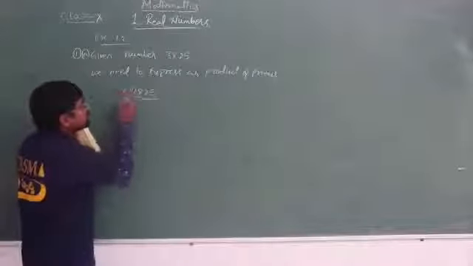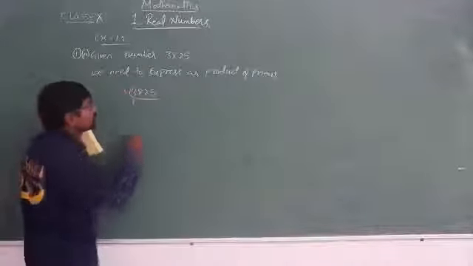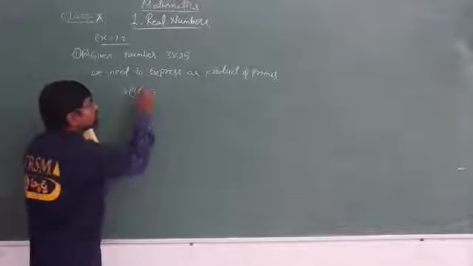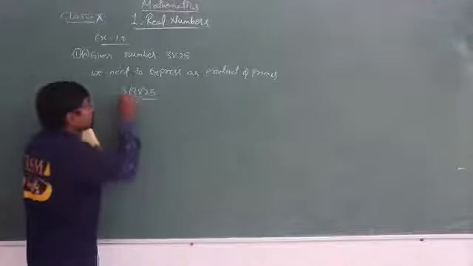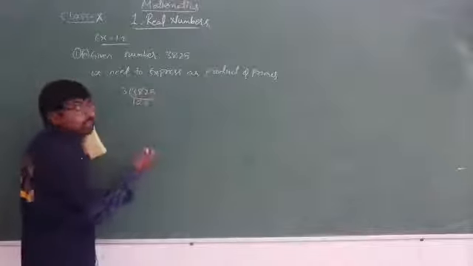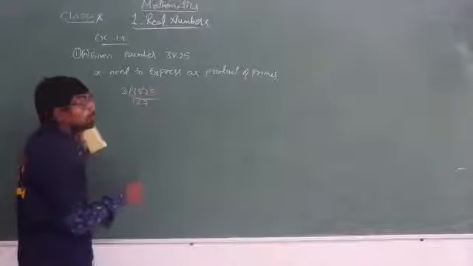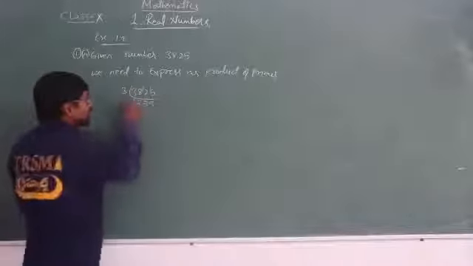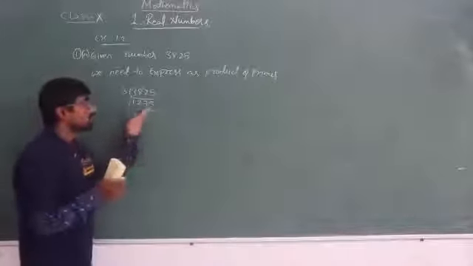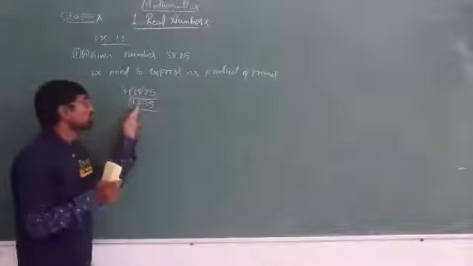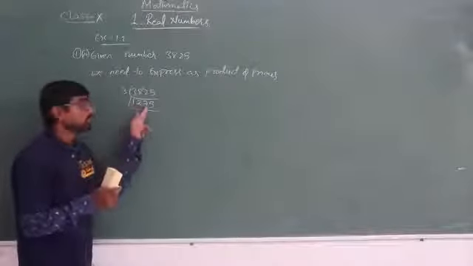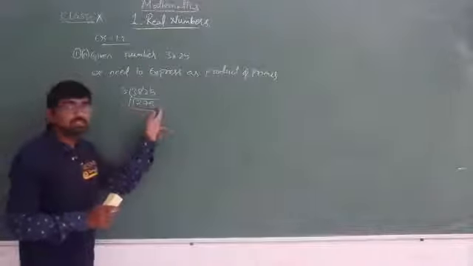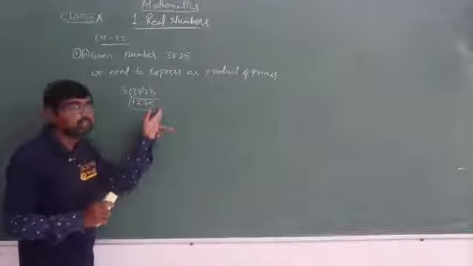So in the 3 table, 3 1s are 3, 3 2s are 6, 7, 8, 2 remains, so it becomes 22. 3 7s are 21, 1 remains, 3 5s are 15, I have got. Again I have to check whether this is divisible by 3 or not. 2 plus 1 is 3, 3 plus 7 is 10, 10 plus 5 is 15.